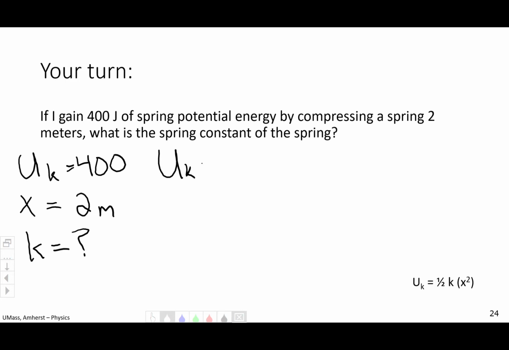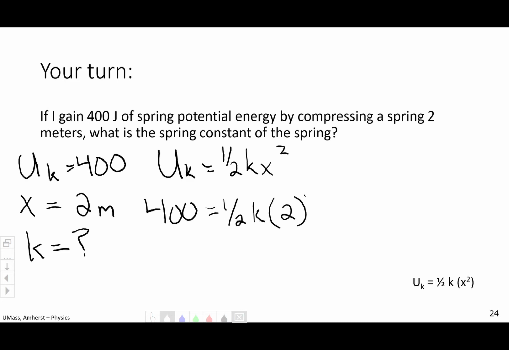So UK being 1/2 kx squared. We have 400 equals 1/2 k times 2 squared. So that becomes 4.